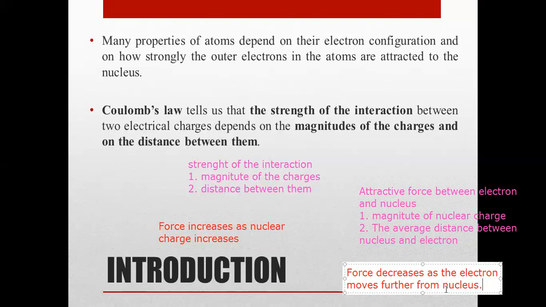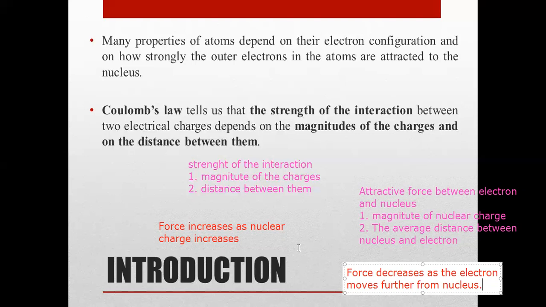This is the major thing that we are going to see. Coulomb's law talks about the strength of the interaction, which depends on the magnitude of the charge and the distance between them. And he talked about the attractive forces between the electron and nucleus, which depend on the magnitude of the nuclear charge and the average distance between the nucleus and the electron.